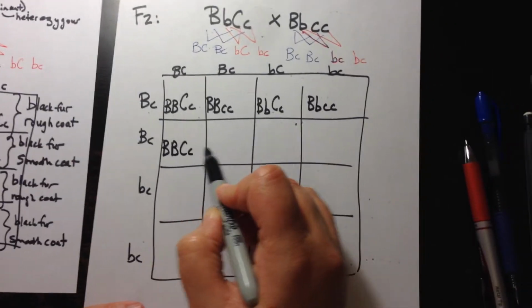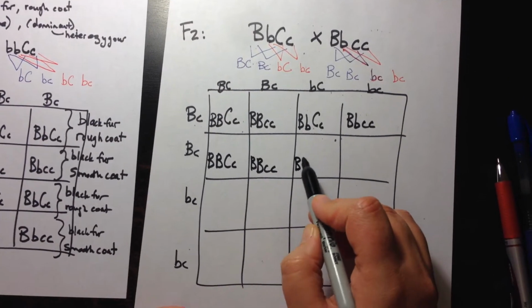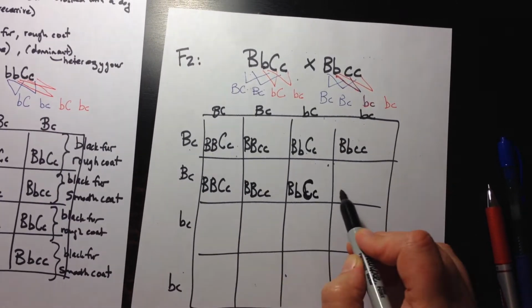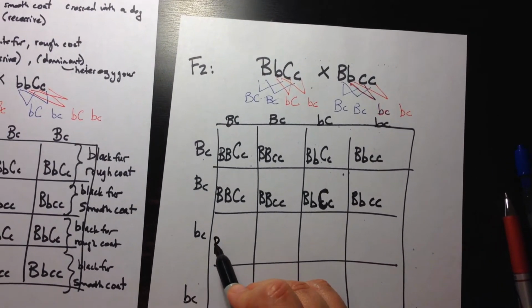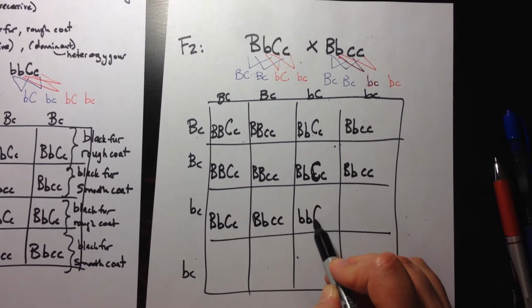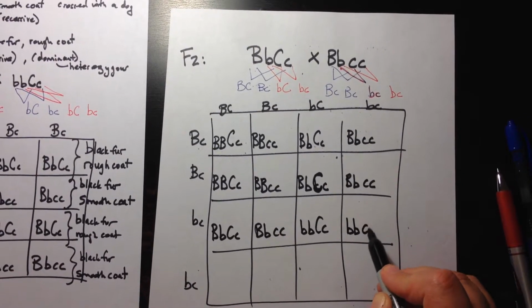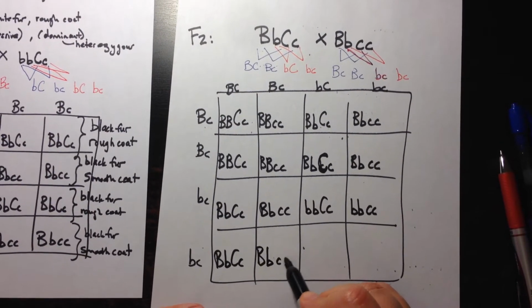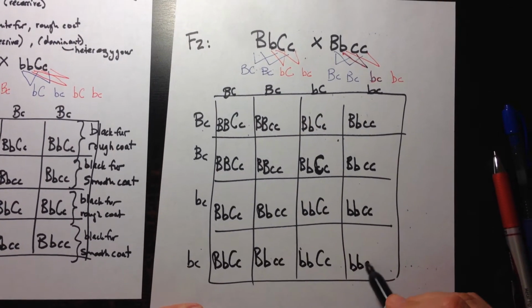So keep going until you have your whole Punnett square completed. And there's the last one.